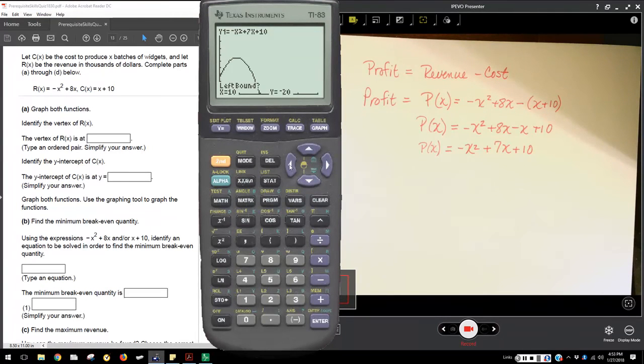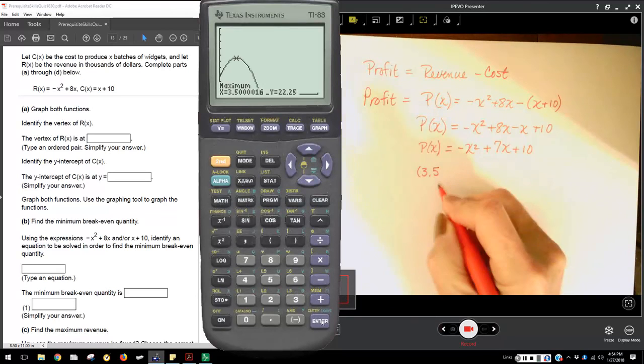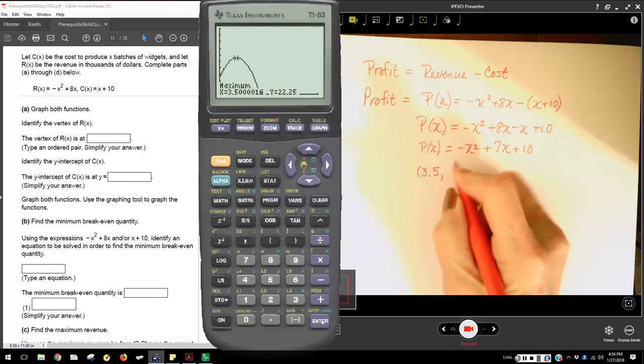Make sure that I go to the left of the maximum, press enter, then go to the right of the maximum and press enter, and tell it to find the vertex. It tells me the vertex is at 3.5, if you round it off to a reasonable number of decimals, and 22.25.